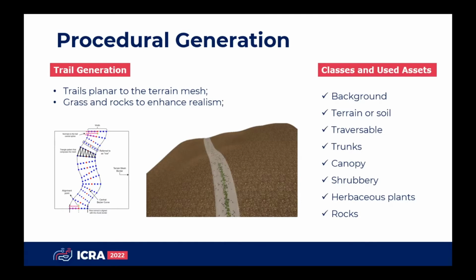Then we need to add other different classes that typically we can find in forest domains. So in our case, we assumed in terms of semantic segmentation, all these classes. Of course, people can group different classes together to have a less granular semantic segmentation.